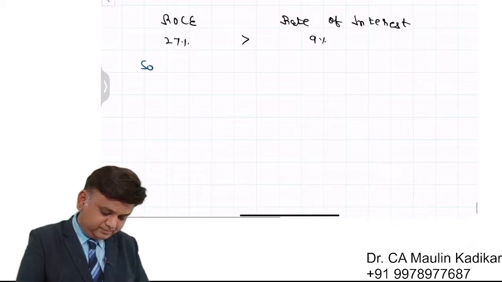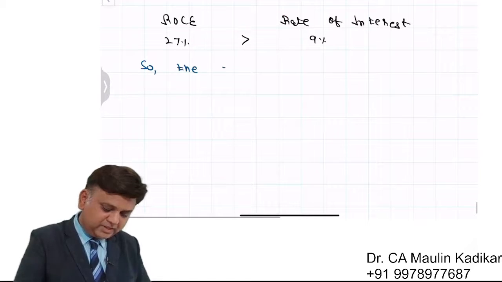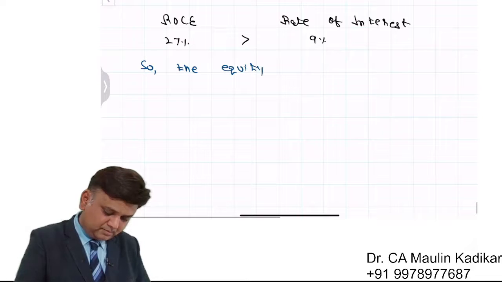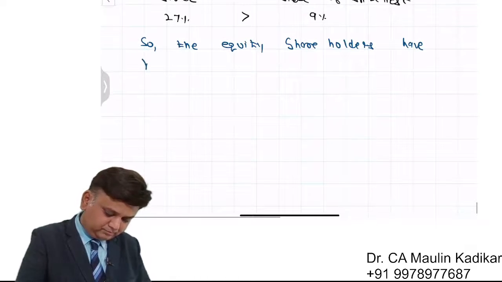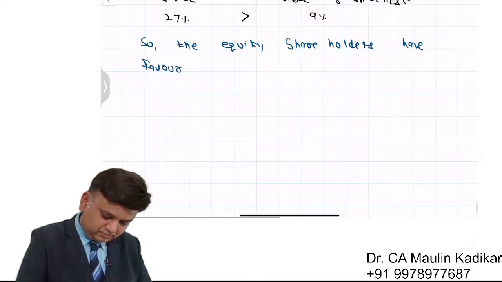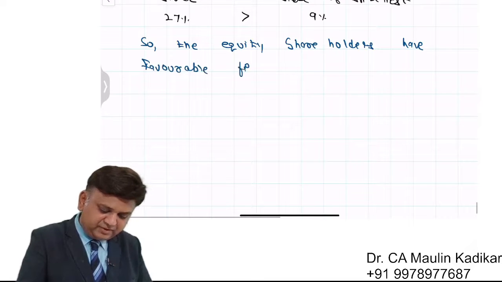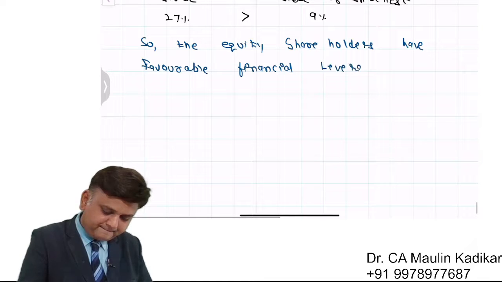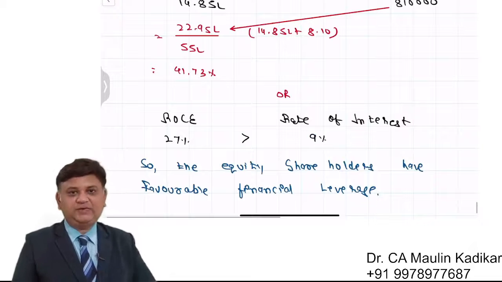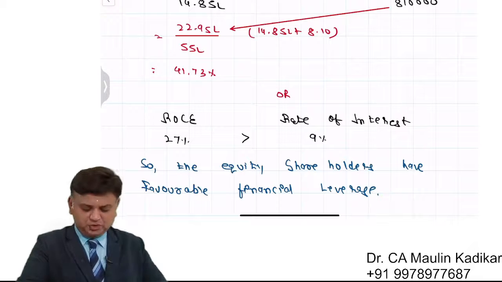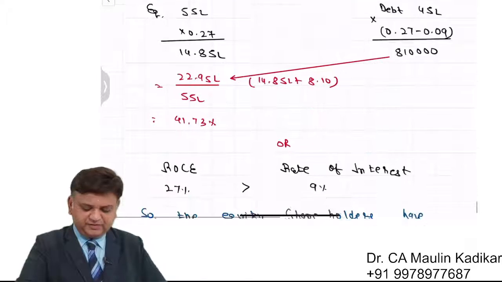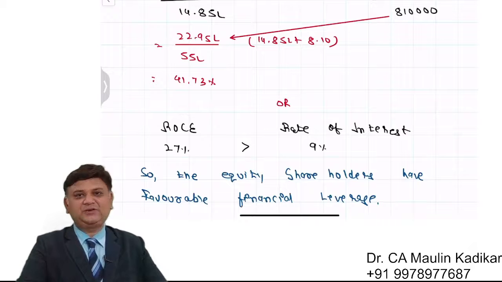So the equity shareholders have favorable financial leverage. Return on capital employed exceeds the rate of interest. So the equity shareholders have favorable financial leverage. That is the way we can draw the conclusion.